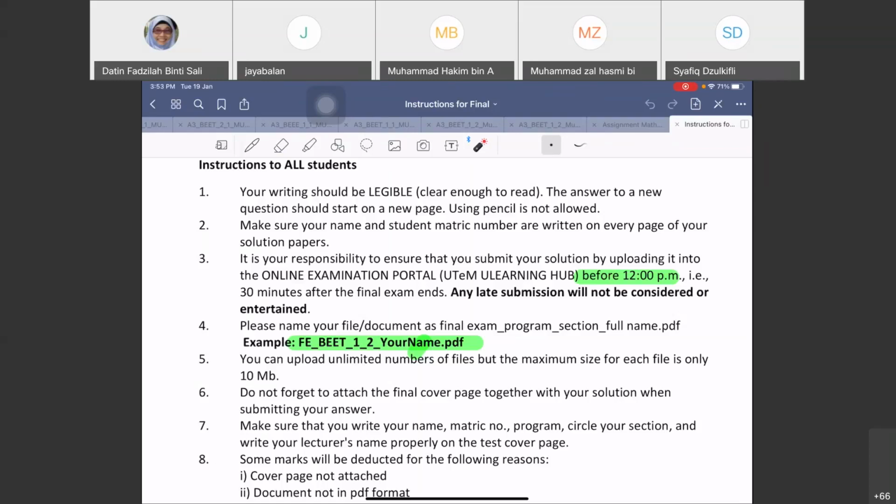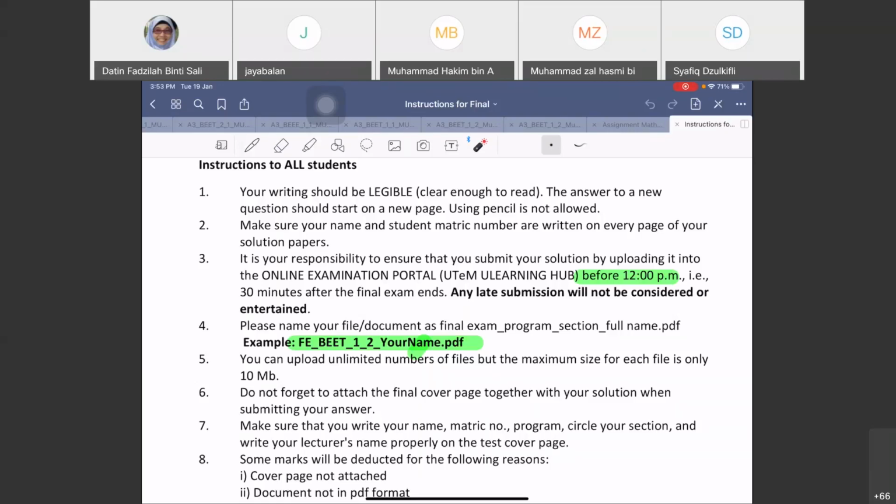There will be hundreds and hundreds, maybe even 1,000 students going to upload, because your paper itself is taken by both faculties, FTKEE and FTKMP. Besides that, there will be students from other faculties also taking the final exam at the same time, and they need to upload to the system too.